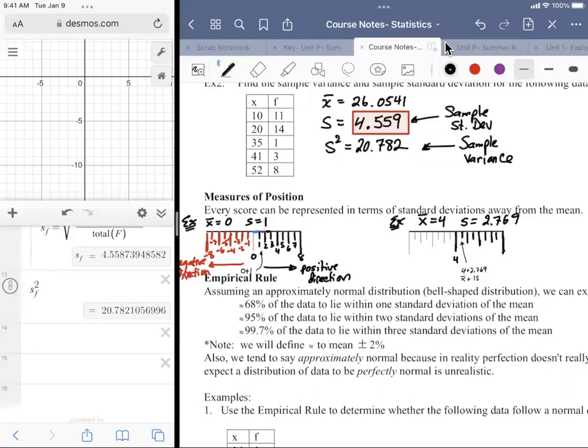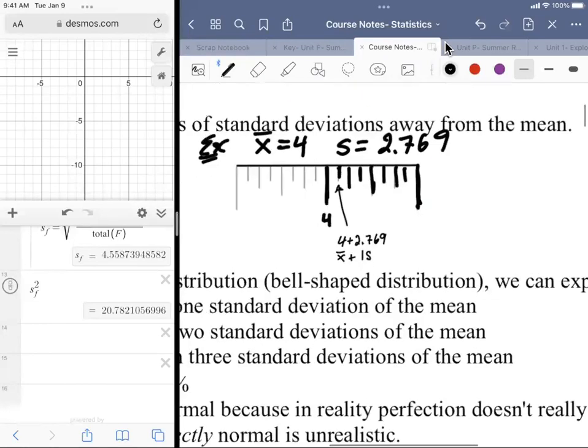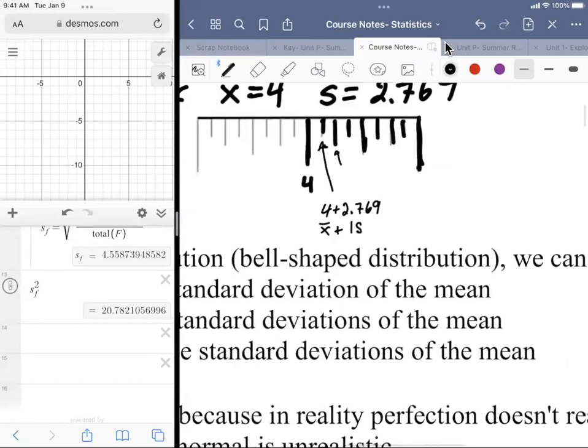So you can see how this will get out of hand pretty quickly, because the next one would be 4 plus 2 of those 2.769s. That's the same as saying X bar plus 2 times whatever the standard deviation is. It gets a little messy, or very messy, very quickly. But the same concept is at work.